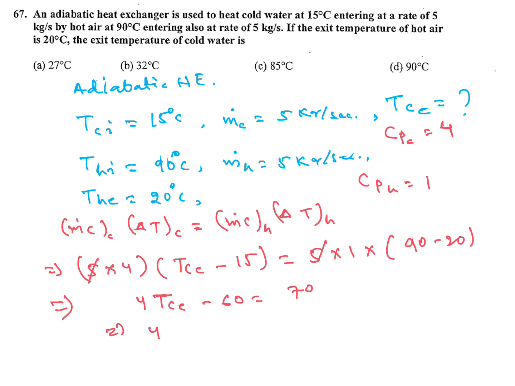So 4 Tc is 130. Tc, exit temperature of cold water, will come 130 by 4, nearly 32 degrees Celsius. So option B is the answer.